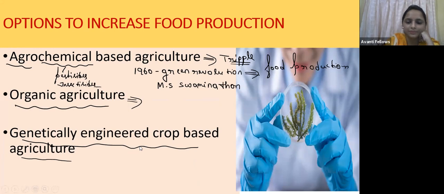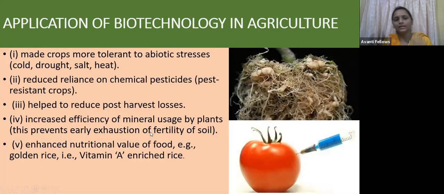Okay guys, now let us come to the applications of biotechnology in agriculture. We have seen the application of biotechnology everywhere, for example in agriculture, in medicine and in industries also, right? So now we will study what its applications are in agriculture. First, it made crops more tolerant to abiotic stress.